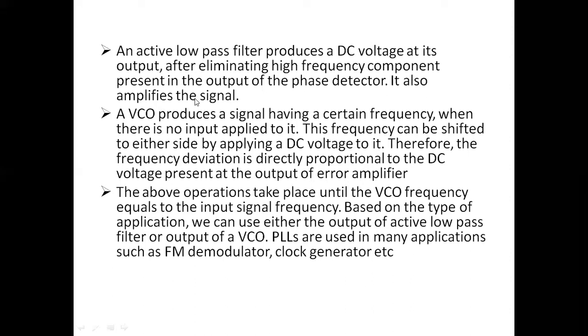And next, the amplifier output is passed to the VCO, that is the voltage controlled oscillator. A VCO produces a signal having a certain frequency when there is no input signal applied. This frequency can be shifted to either side by applying a DC voltage to it.